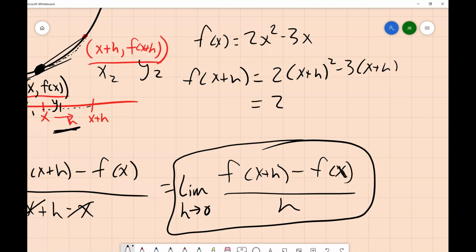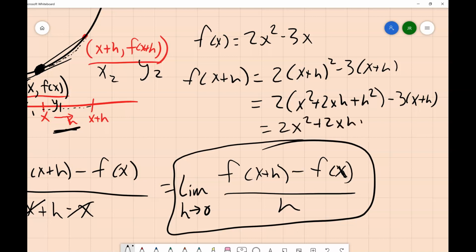That's going to be 2 times x squared plus 2xh plus h squared minus 3 times. I'm hurrying through this, but that's just foiling. Distribute now: 2x squared plus 2xh plus 2h squared minus 3x minus 3h. So that's f of x plus h.